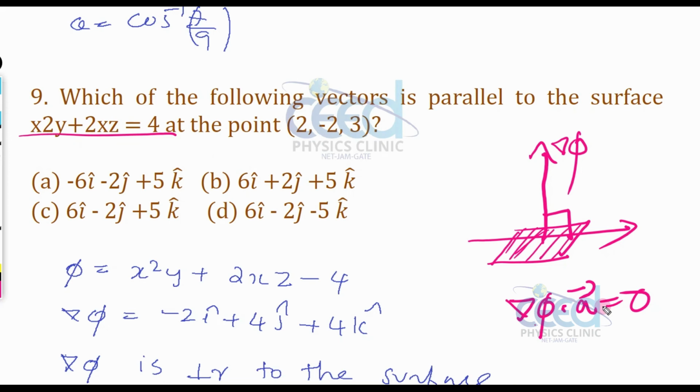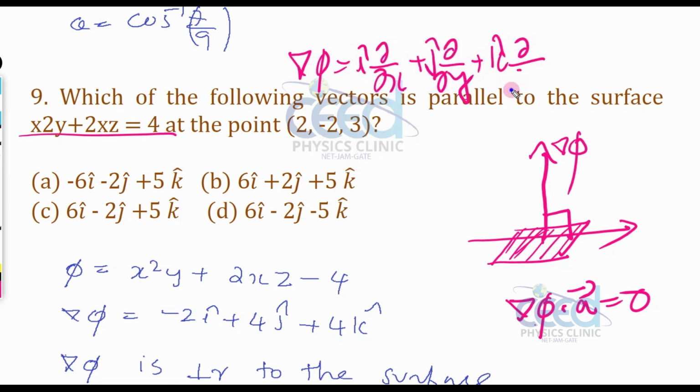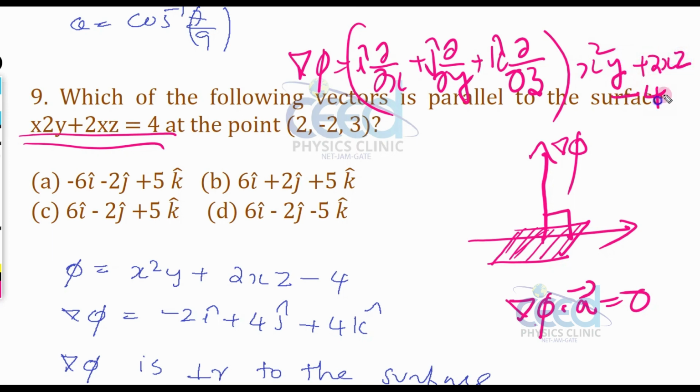So let us calculate del phi first. Del phi is equal to i cap dou by dou x plus j cap dou by dou y plus k cap dou by dou z acting on x square y plus 2xz minus 4.